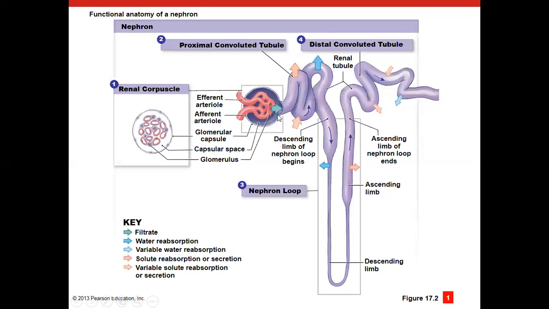So this filtrate gets trapped in here and then sent into the proximal convoluted tubule, where reabsorption occurs of some of the filtrate that left the blood, moves back into the blood. That filtrate then continues down into the nephron loop, where water and ions are exchanged to concentrate or dilute the urine. And then that filtrate continues into the distal convoluted tubule, where secretion can occur and some reabsorption.